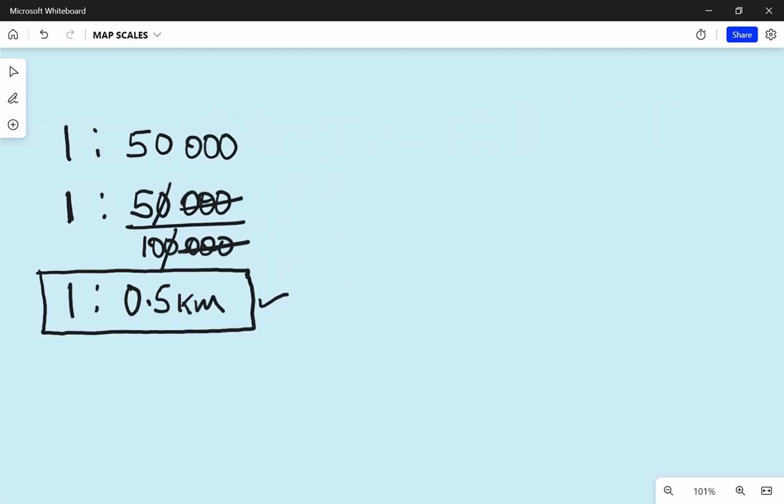Therefore, A: 1 to 0.5 kilometers. This is 1 centimeter to 0.5 kilometers. What about 1 kilometer? So this will give me x.